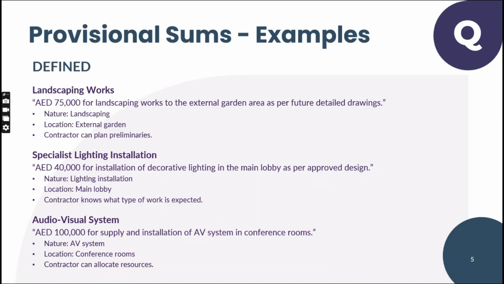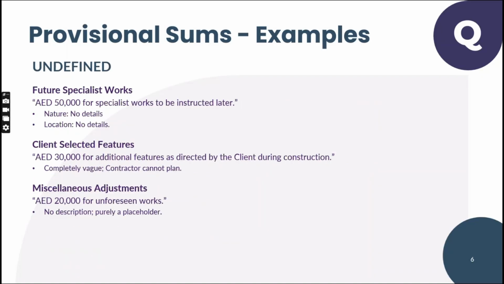You knew the location also, external garden, which gave you a clear indication of how and what work is going to be executed. But in the first undefined example, 85,000 for specialist work to be instructed later, you don't have any idea about nature or location. You will not be able to price the item, sorry, plan the item, and you will not be able to consider the prelims for that.